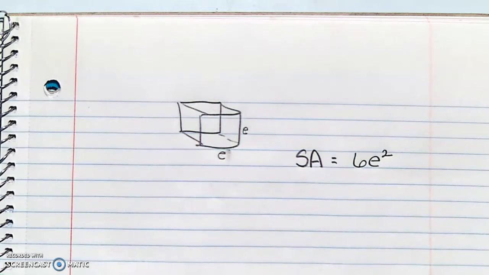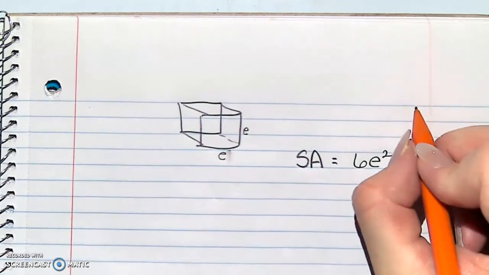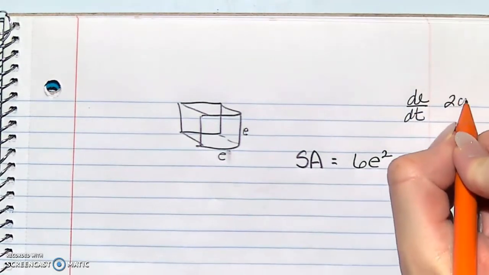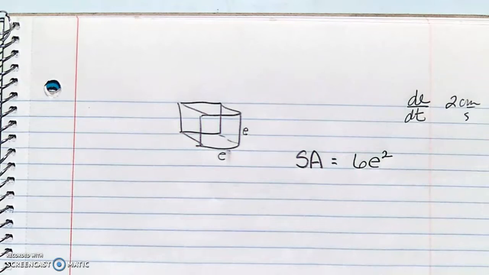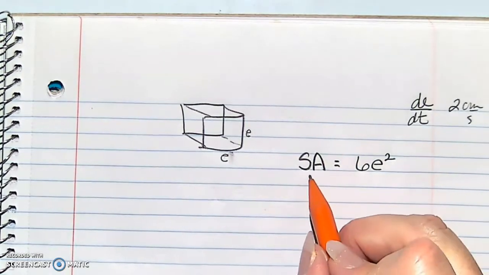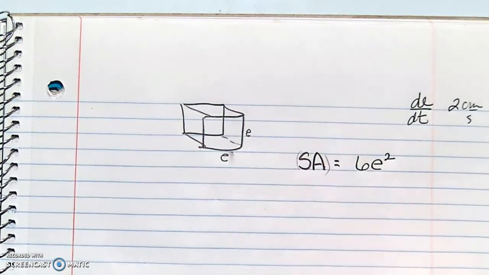And it says that the edges are expanding at a rate of 2 centimeters per second. So I was given dE/dt at 2 centimeters per second. So I want to know, how is the surface area changing? So this is not S times A, this is just surface area.